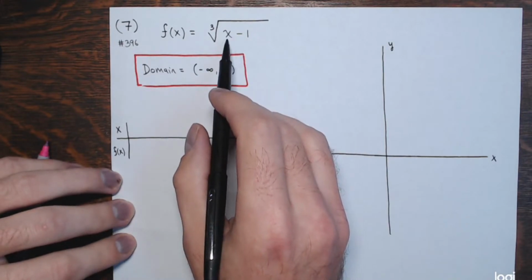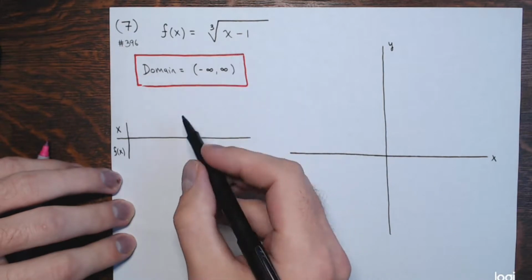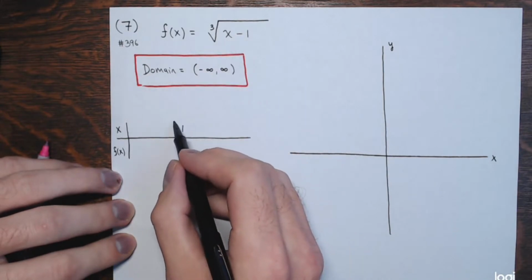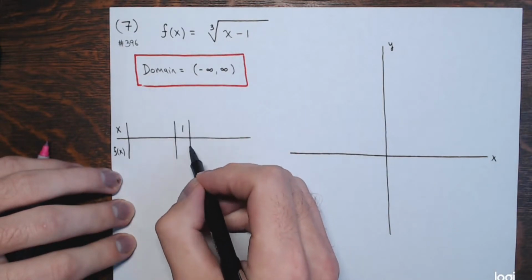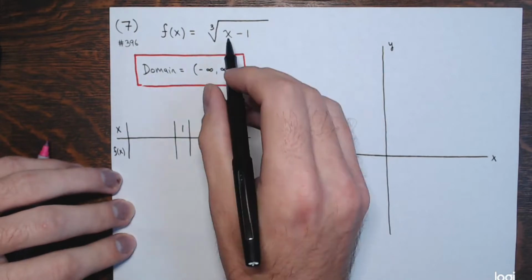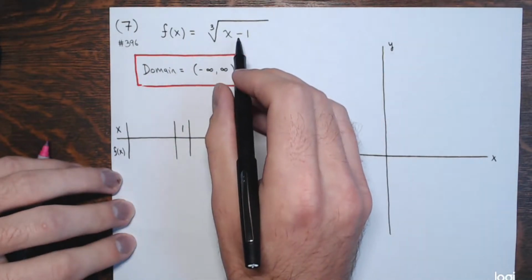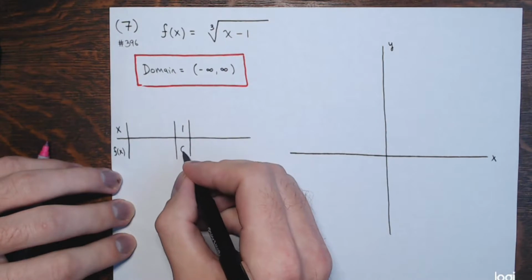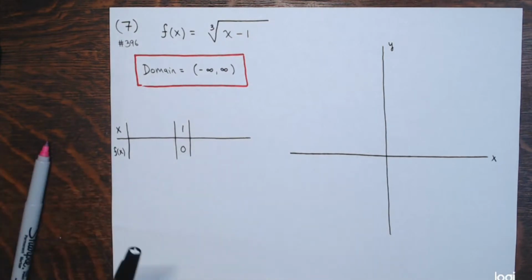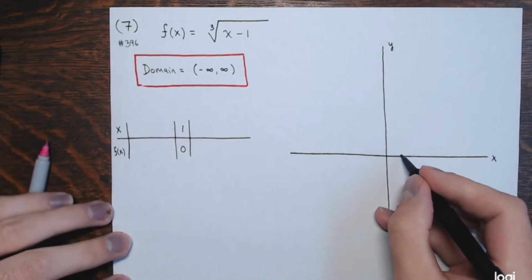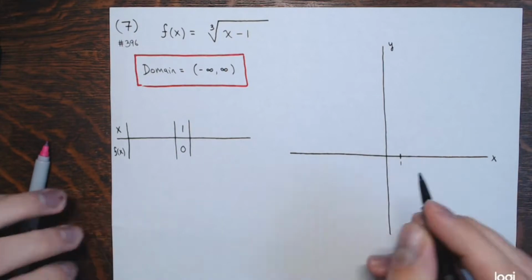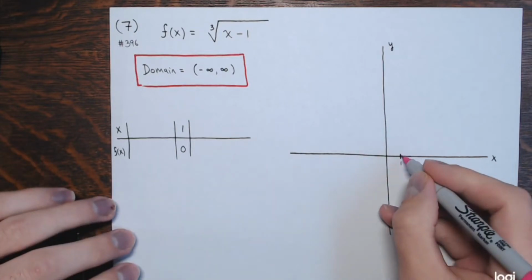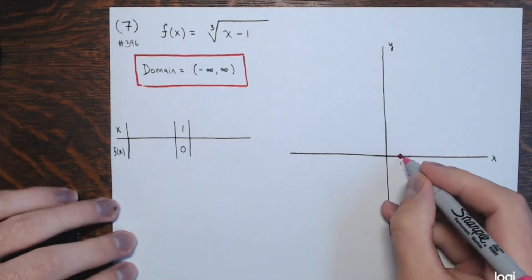If I plug in 1 for x, and I'll put it in the middle here, you'll see why in a second. If I plug in 1 for x, that'll give me the cube root of 0, which is 0. 0 is a perfect cube. So input 1, output 0. So there, that point there.